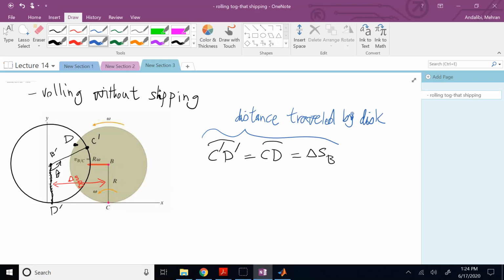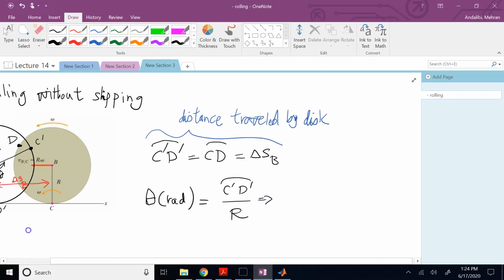Good. Now, how can I find a relation for this? Well, we know C prime D prime is an arc. And the definition of angle theta in radians is the length of the arc in front of it divided by the radius of the circle.